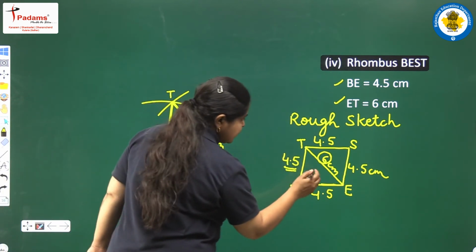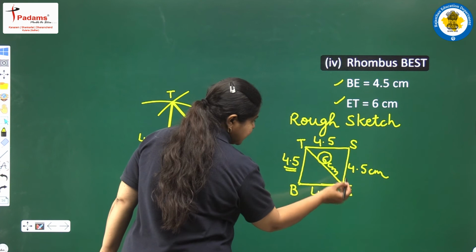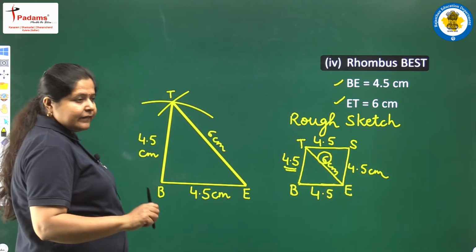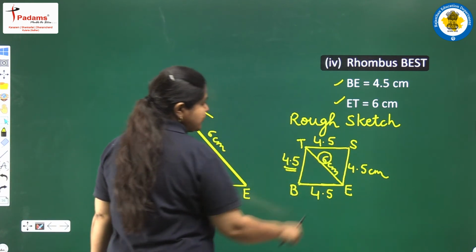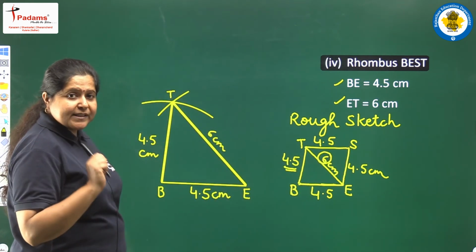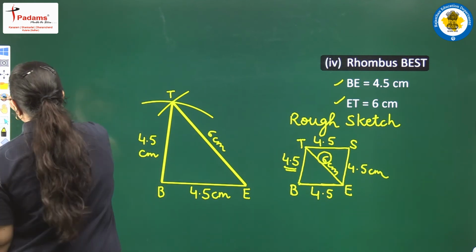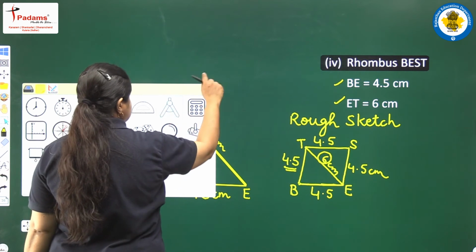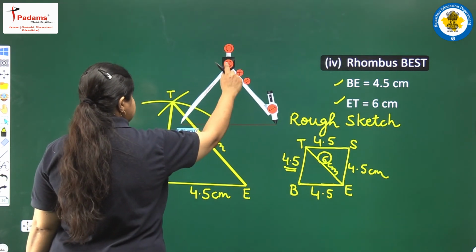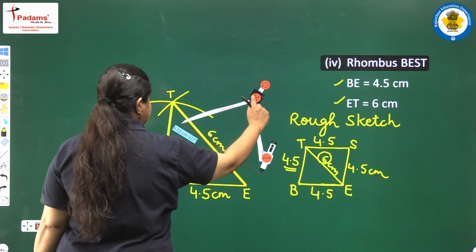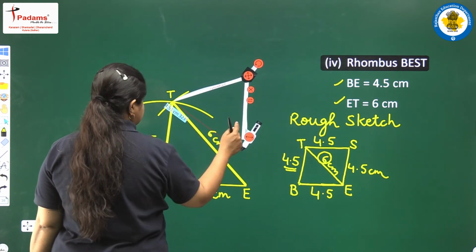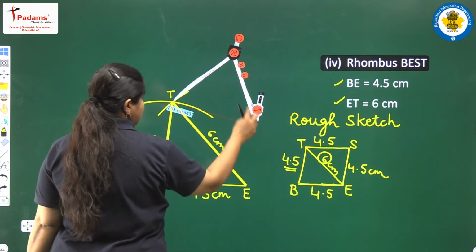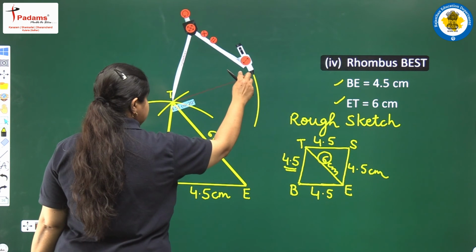Then again we will be taking the center at T and then at E, and with these measurements 4.5 each, we will be getting 2 arcs here and the point of intersection of the 2 arcs will give us the point S. So again we bring the compass back, keep it at point T. Yes, we will take it here and draw one arc here in this way.